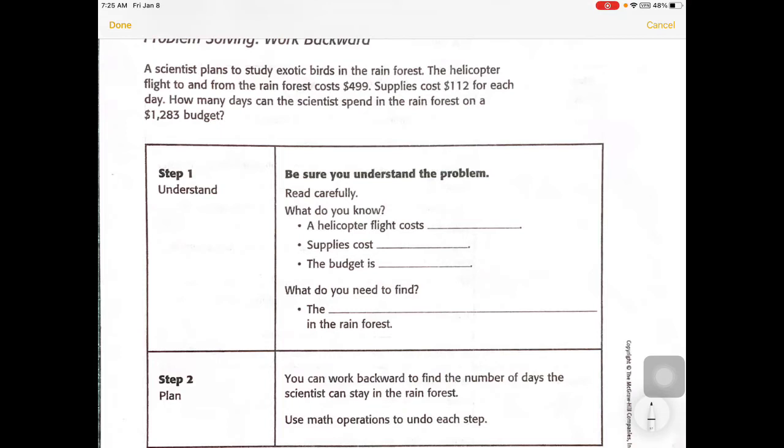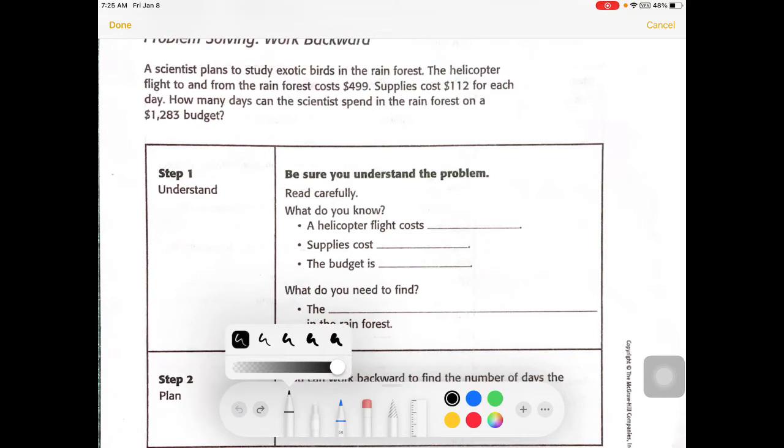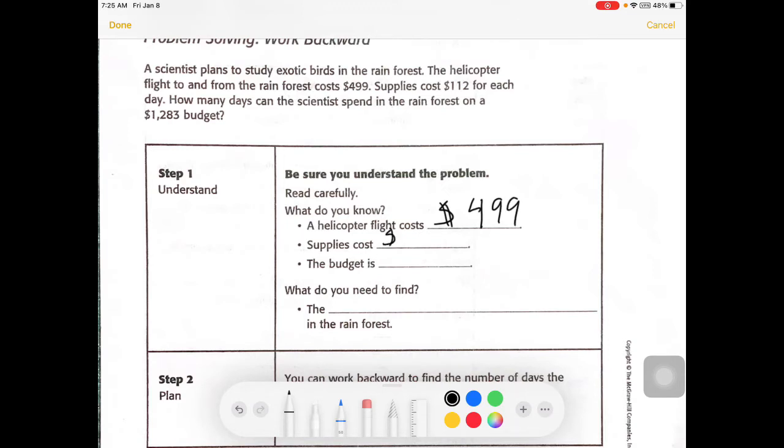The helicopter flight costs $499. The supplies cost $112, but we need to also write for each day.